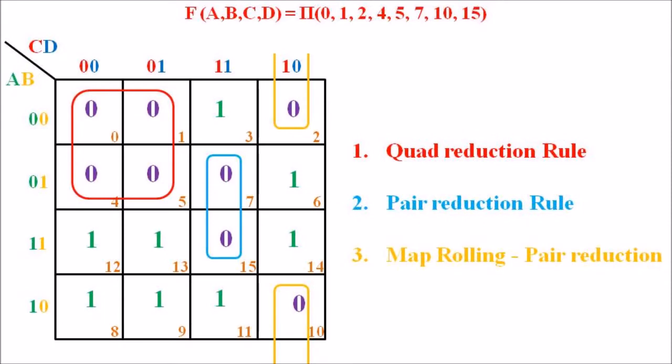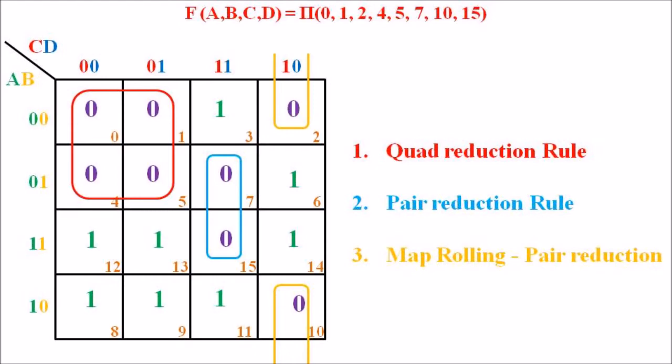And thirdly, while applying the map rolling pair reduction rule for the cells 2 and 10, we can pair the cells 2 and 10, and this grouping is marked with yellow color. So my dear students, this is how we are pairing or grouping these different cells.